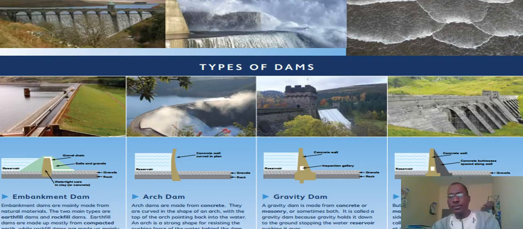The types of dams include embankment dams, arch dams, gravity dams, and buttress dams.